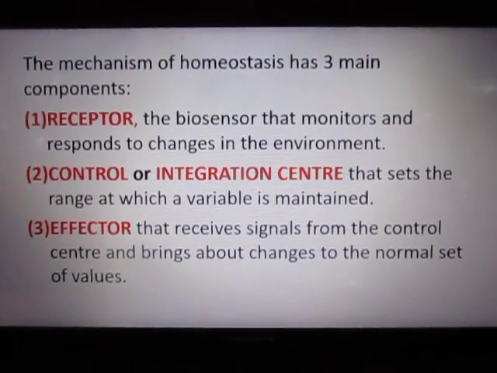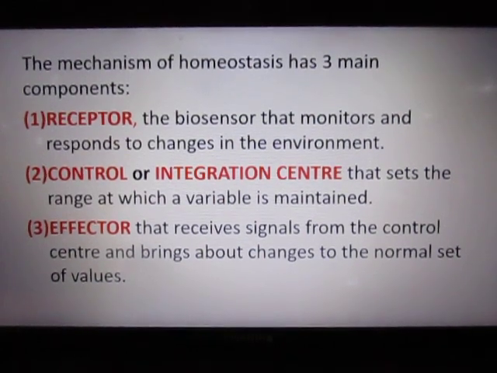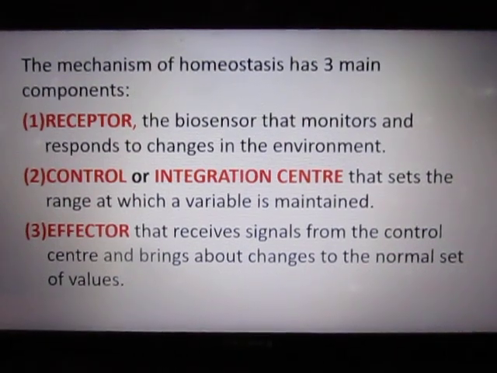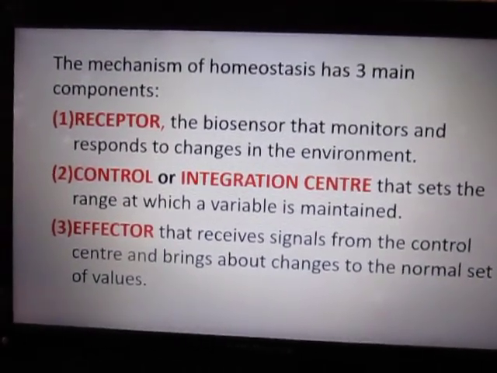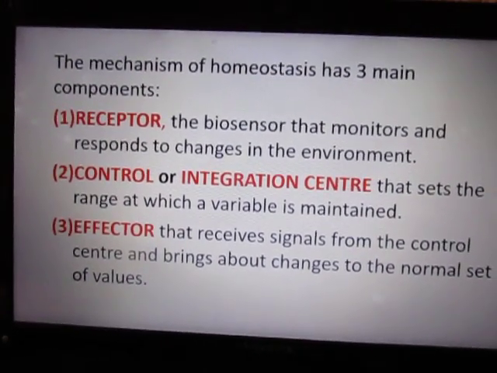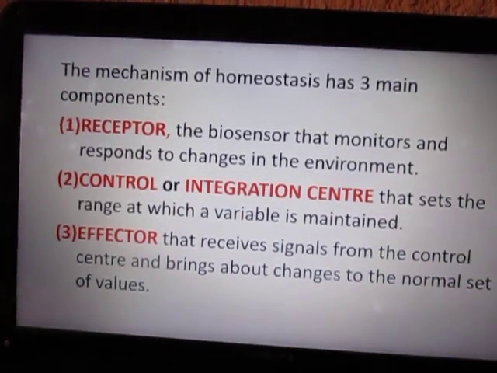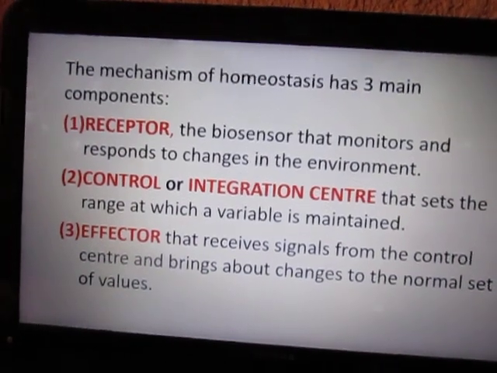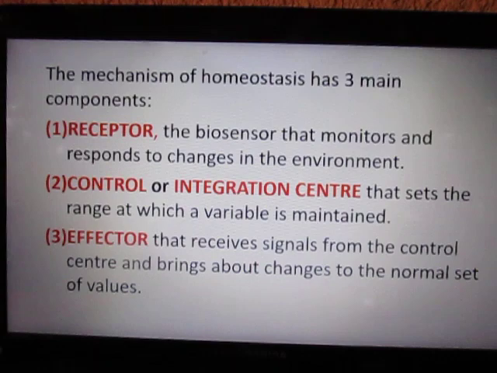It receives the signals from the control center and brings about the changes to the normal set value. So it can see that there is too much sugar, let's bring it back. What to do to bring it back? We take that sugar and transform it to make glycogen. It is a way of reducing sugar in our body.